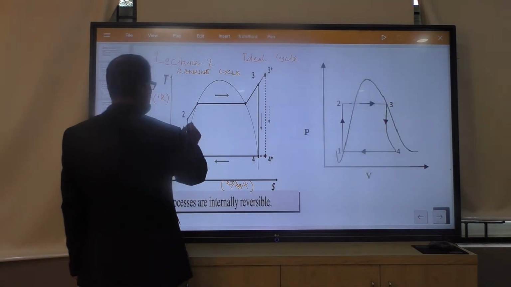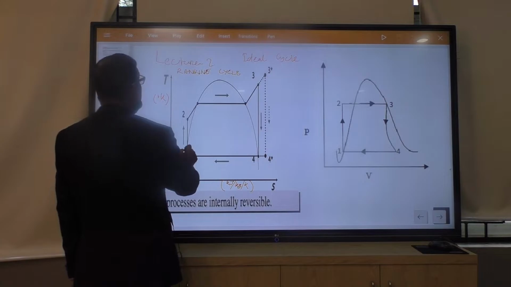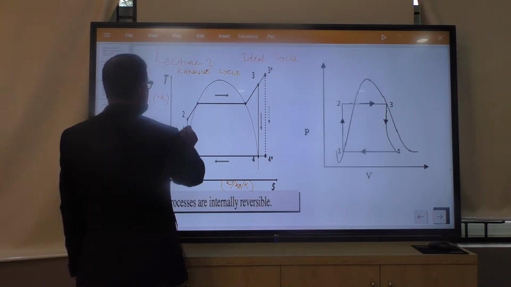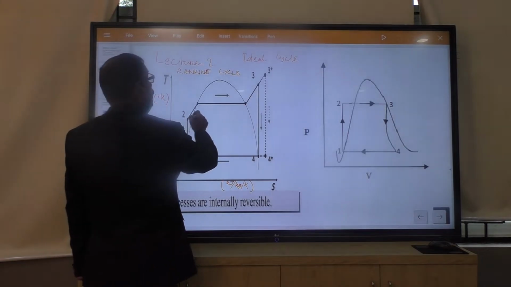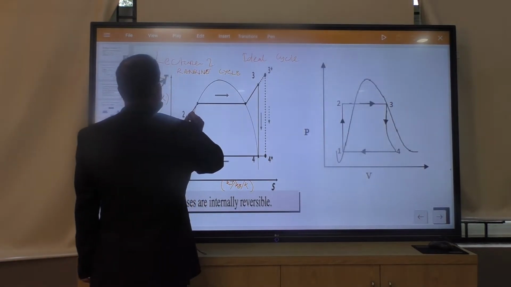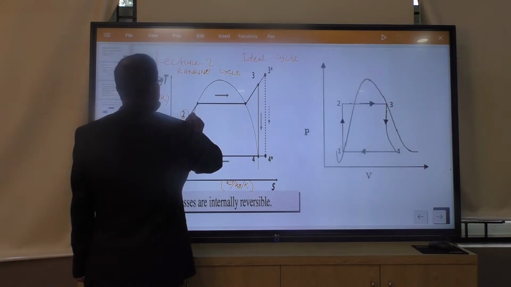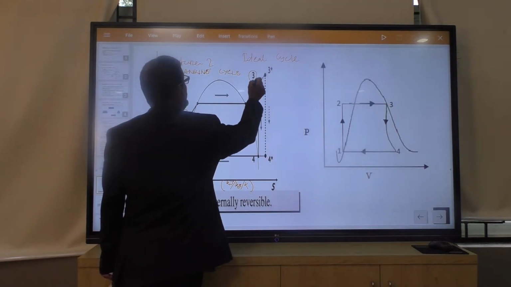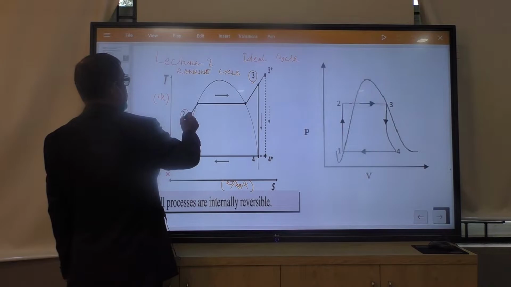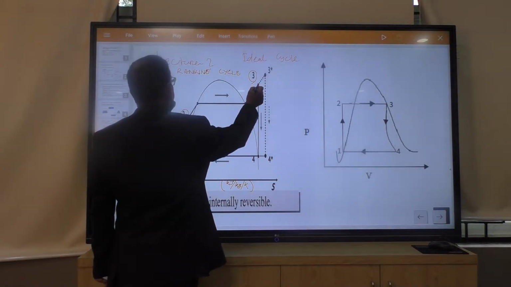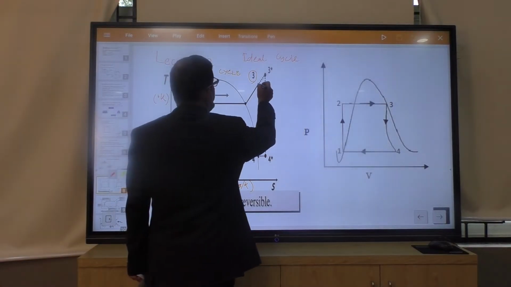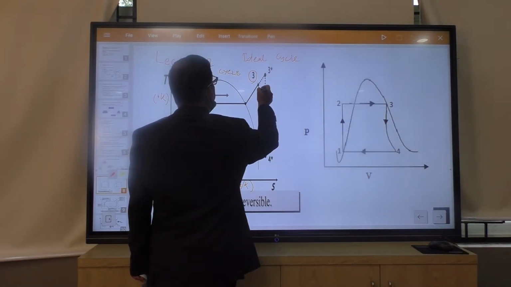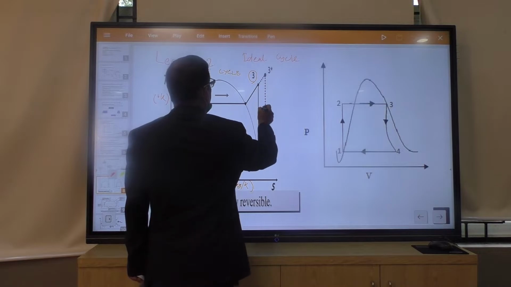So you know 1 to 2 is your pump work, H2 minus H1, and 2 to 3 is your heat addition in boiler at constant pressure. At boiler pressure the heat transfer is H3 minus H2, and the turbine work is expansion of the turbine.